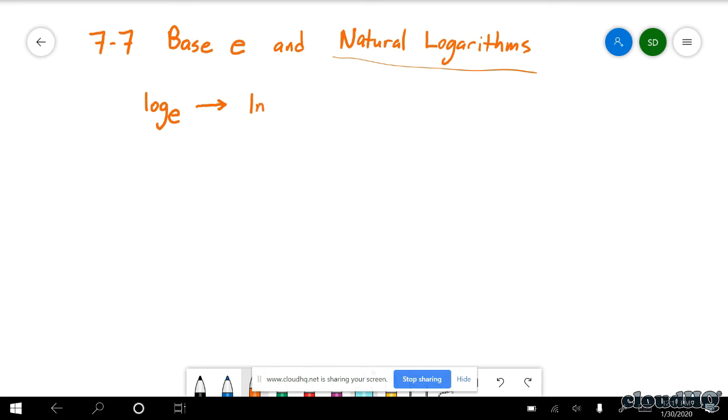Seems like it should be NL since it's natural log, but we go ln. It's not a 1, that's not an I, it's an L. ln stands for natural log. We do not bother writing the base number because when we write ln, we understand that means it's a base of e.